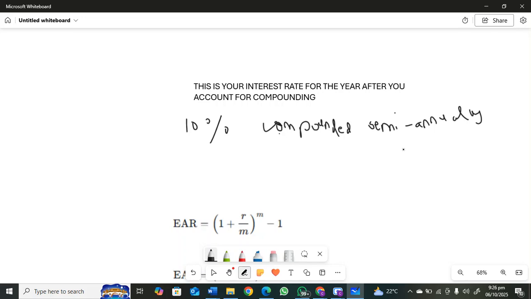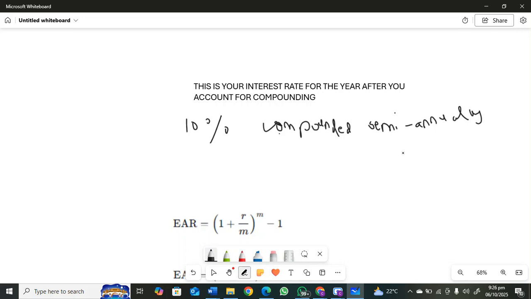Now you want to find out, after we've accounted for the compounding, what is the interest that we received for that year, after we take into effect compounding.